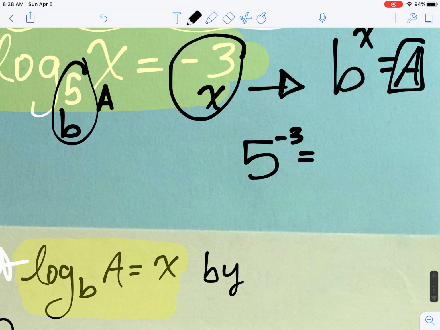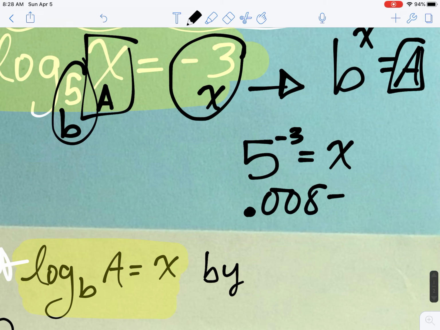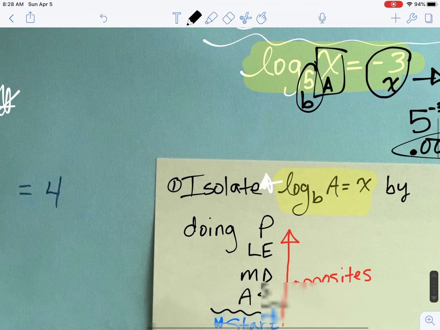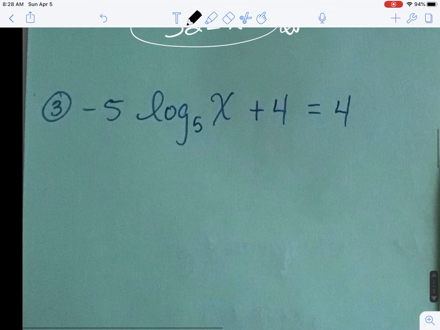And then for our a, it's the variable x. Now we're going to do a little calculator work. 5 raised to the negative 3 power is going to give us a decimal of 0.008. You could always convert that to a fraction if you wanted to. And there's your answer.